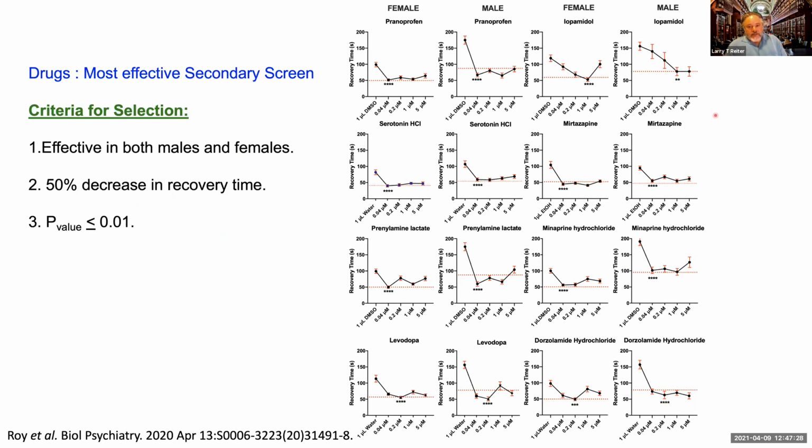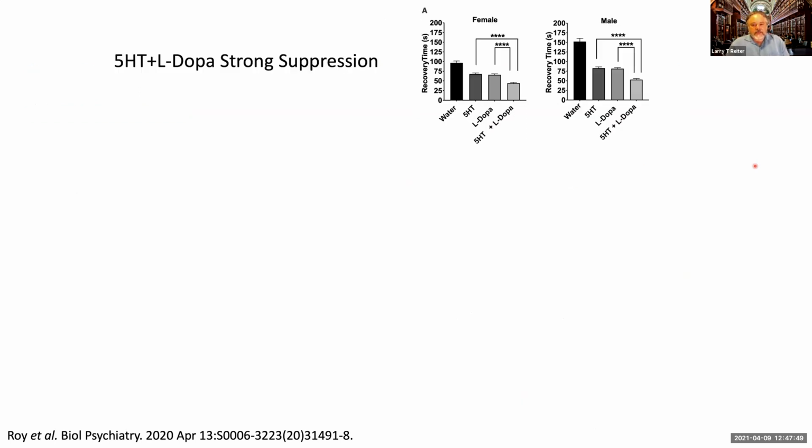So if you look at this table, these are all the compounds that passed. And again, you see levodopa, you see minoprene hydrochloride, you see serotonin, you see mirtazapine. So all of those compounds that I mentioned that affect serotonin signaling were indeed significant in our secondary screening as well. Okay, so let's dig a little bit into it.